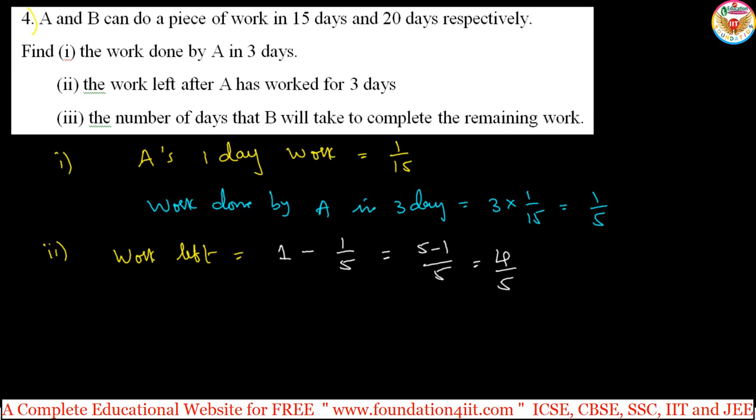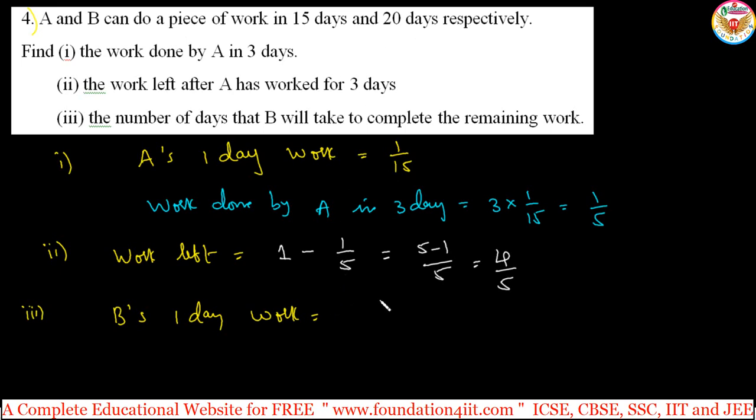Now, question number 3: the number of days that B will take to complete the remaining work. So the remaining work is 4 by 5. B's 1 day work, how much can he do?